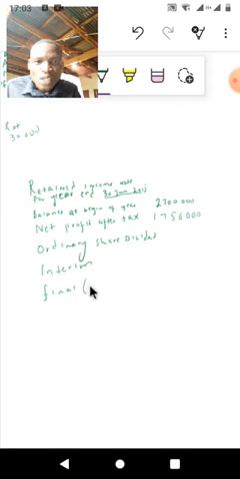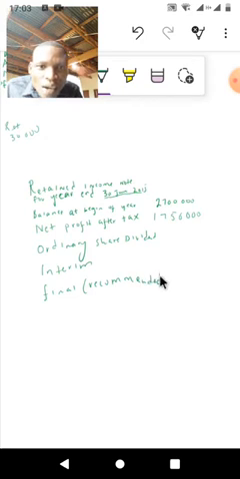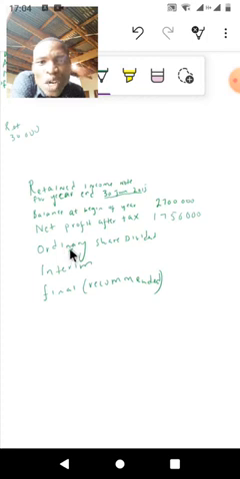Some say recommended. So we are going to subtract ordinary share dividend, guys. And ordinary share dividend is made up of two elements. It's made up of interim dividend and final dividend.